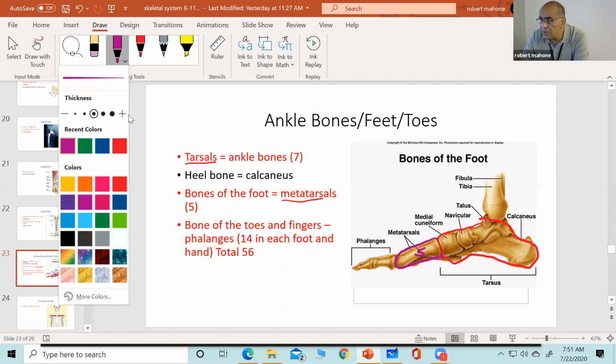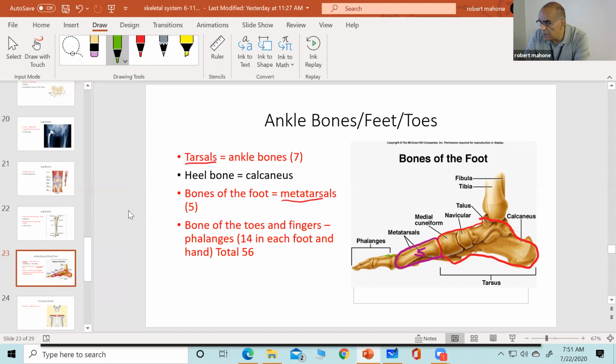And then the third section are your phalanges. All of those are phalanges. And there are 14 of those in each foot and 14 in each hand. The finger bones and toe bones all have the same name, phalange.